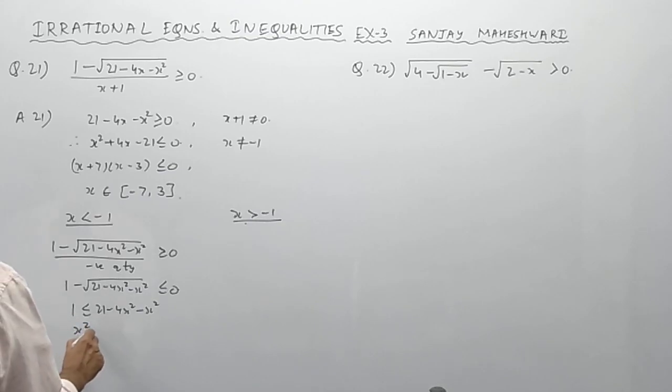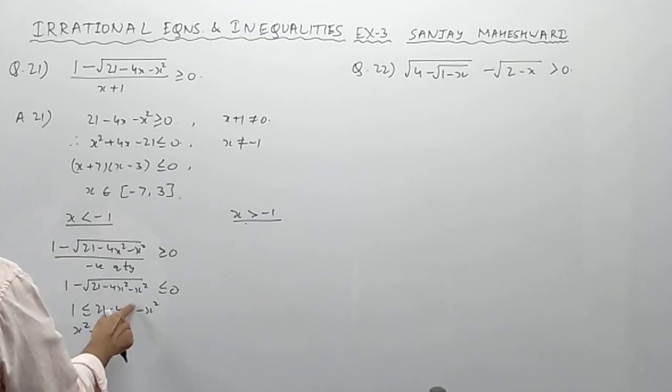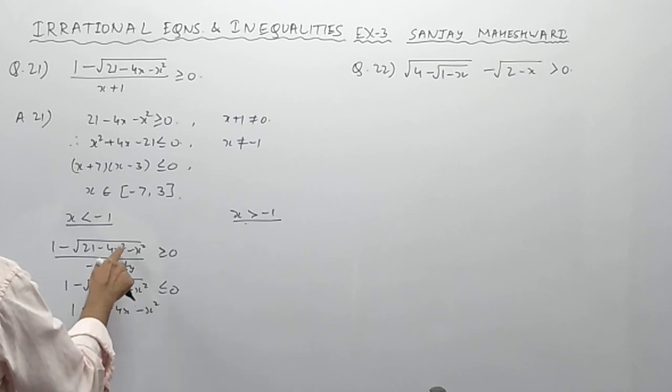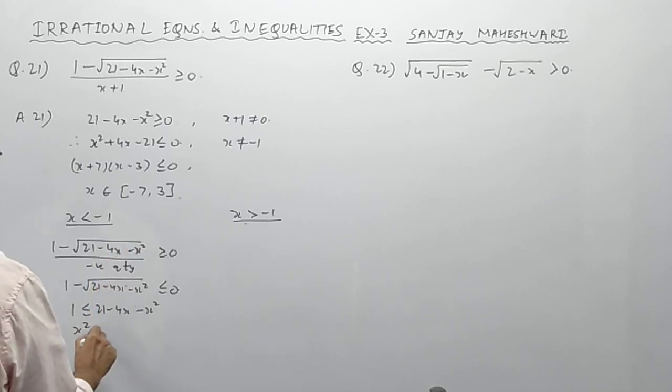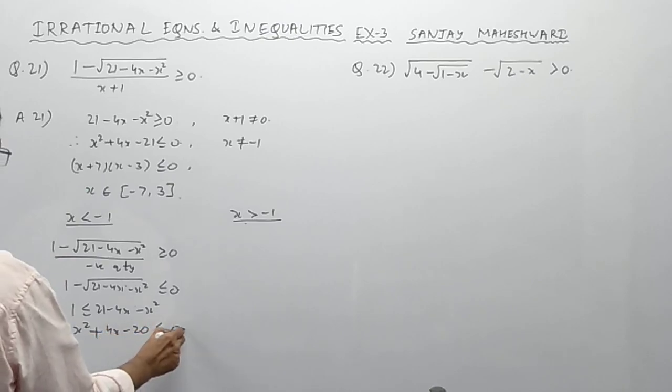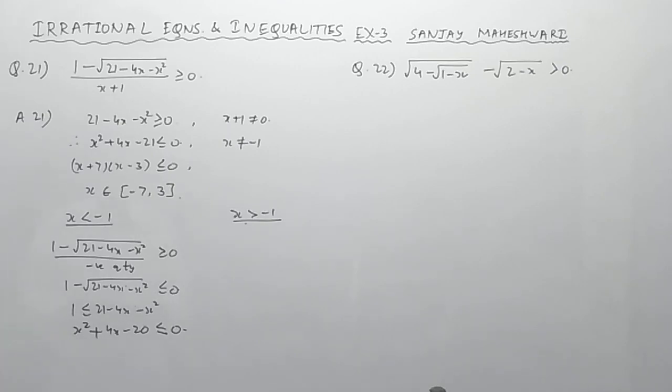x square plus 4x minus 20 less than or equal to 0. This is what we are getting.